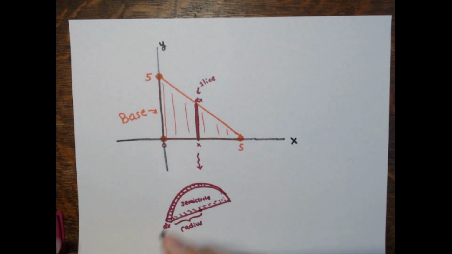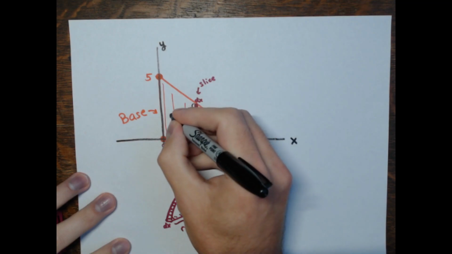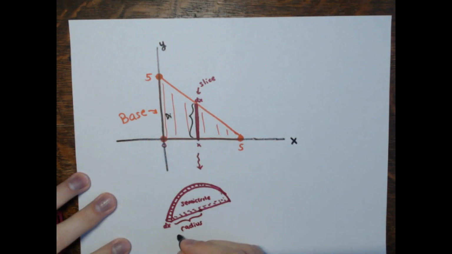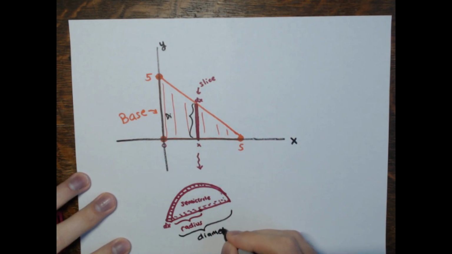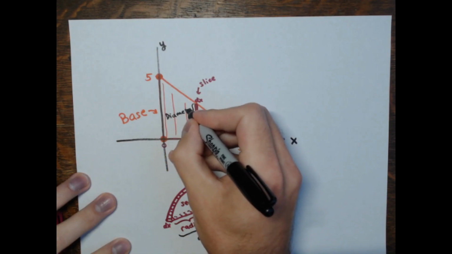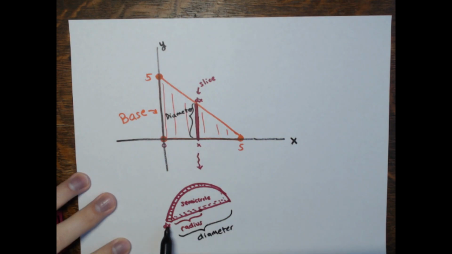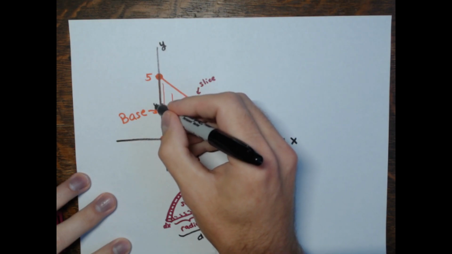So we're looking for, here would be the diameter. The diameter is the length of my slice. And I want this in terms of x, right? We have dx and stuff.